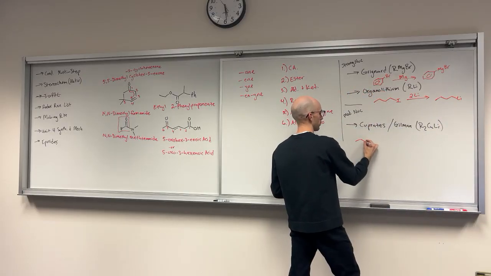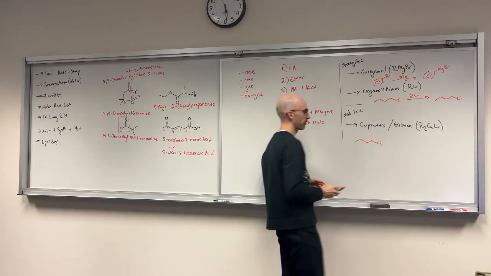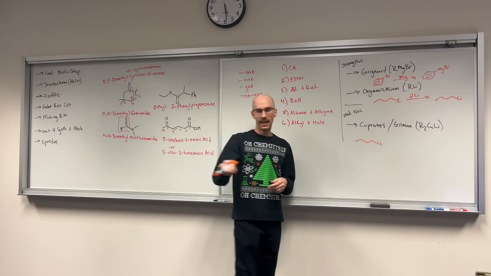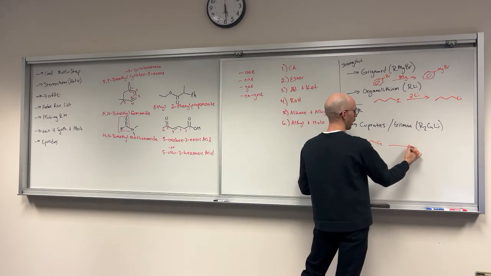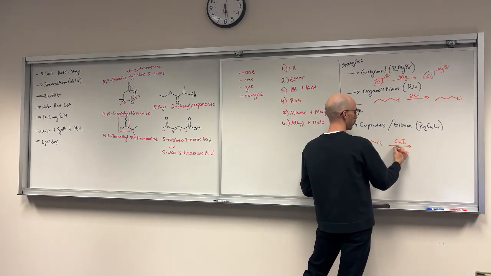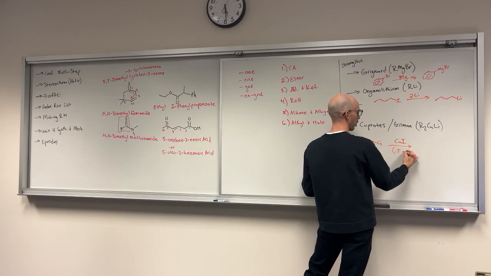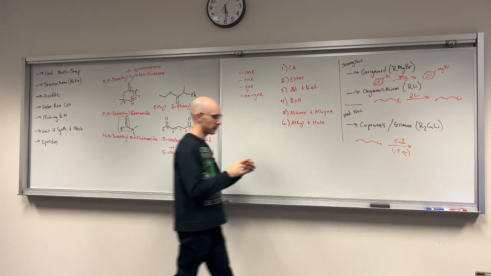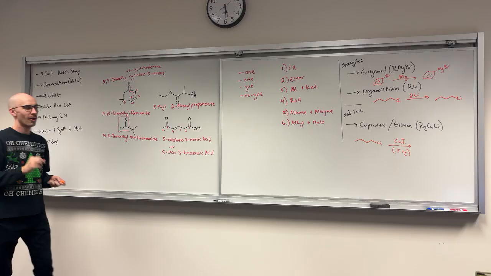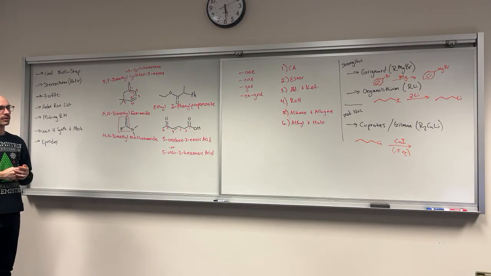With Gilmans, we start with organolithiums and add half an equivalent of copper iodide. Although this is the part where I would be happy to accept just copper iodide because it's really strange to write half an equivalent.